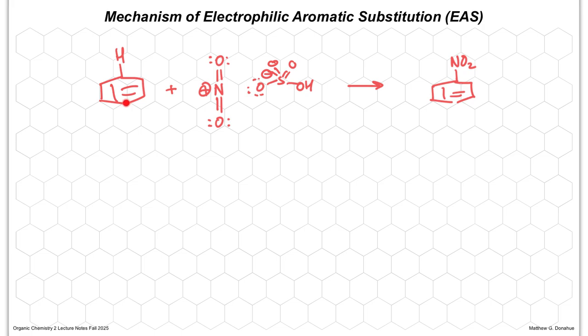The ring itself is the nucleophile, so it's going to supply the electrons to form that bond. So we'll have the arrow coming out, pointing towards the electrophilic atom. We're going to form a CN bond, and then we'll push electrons that way so things get balanced out.